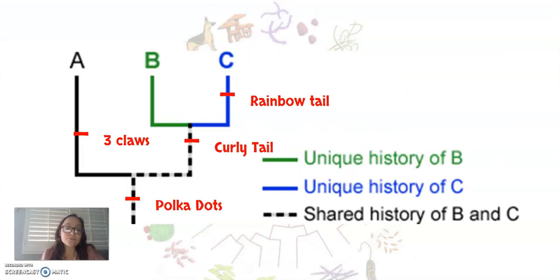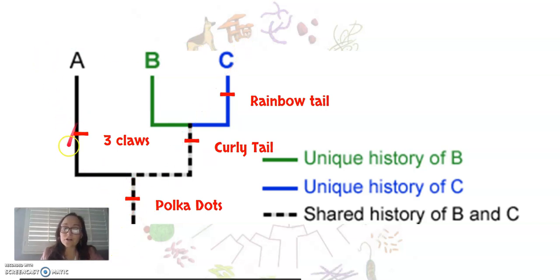Now, when we look at how you read these phylogenetic trees and you talk about shared derived characters or shared derived traits, what we can see here is that polka dots is a trait that's in a shared history between A, B, and C. And so polka dots would be in all 3 of these species.